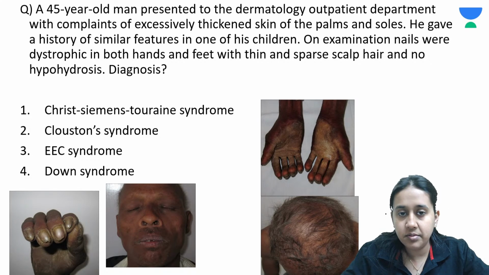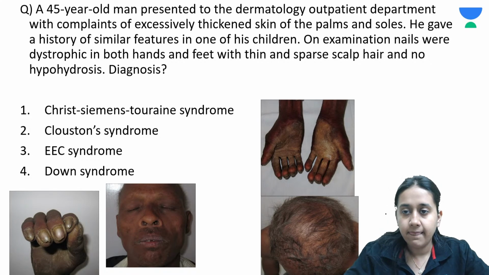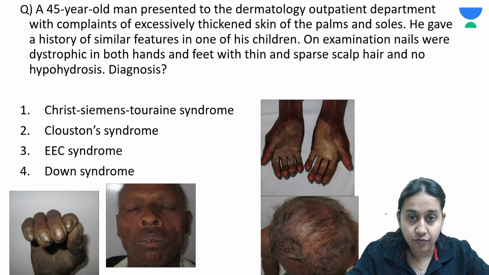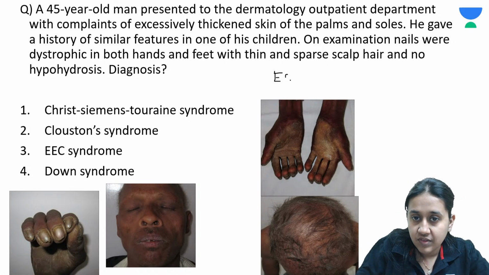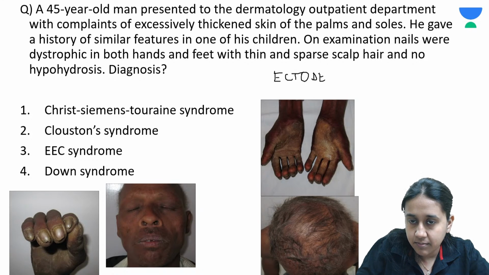He gave a history of similar features in one of his children. On examination, the nails were dystrophic. Now, this is a question from a topic which is known as ectodermal dysplasias.